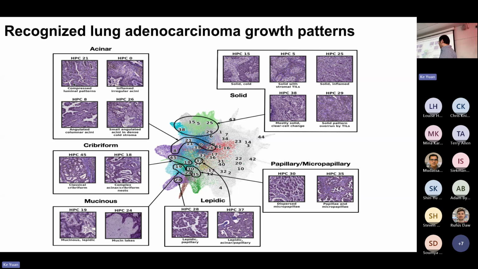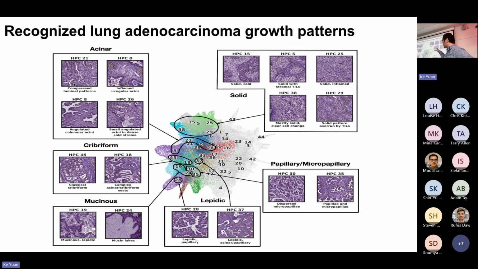Then we teamed up with 3 expert pathologists, looking into lung adenocarcinoma as an example study. The reason we chose LUAD is that it is an interesting cancer type that has traditionally been recognized with about 6 different classical growth patterns, and those growth patterns have been recognized as predictive of patient outcome.